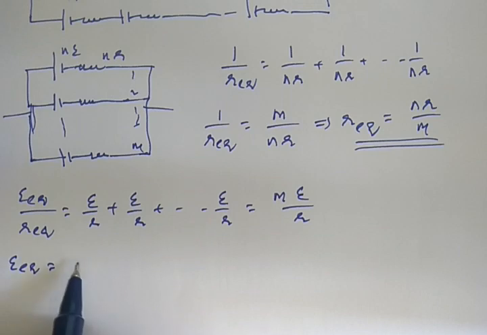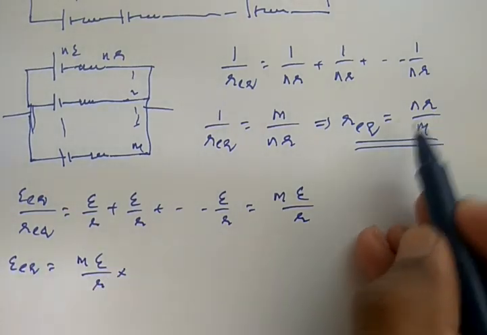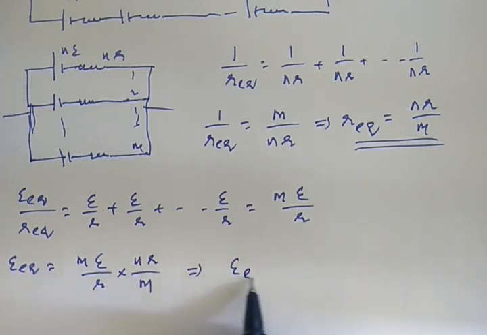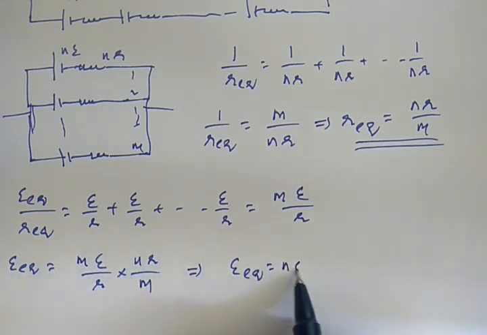E equivalent equals mE by R into R equivalent. R equivalent is NR by m. So you can cancel m and m, that implies E equivalent equals, R and R can be cancelled, m and m cancel, you get NE.